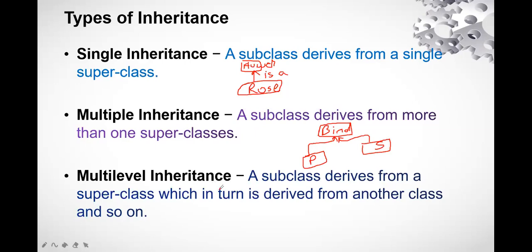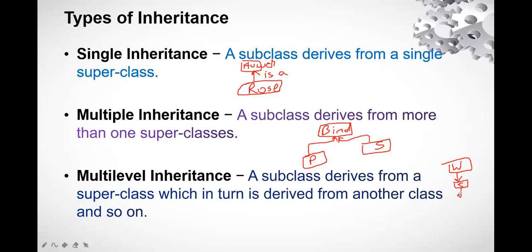Now comes multi-level. Multi-level defines a subclass derives from a superclass, which in turn is derived from another class, and so on. So that is what multi-level is. Let's say we have, let it be world. We have world. Amongst world, we have India.